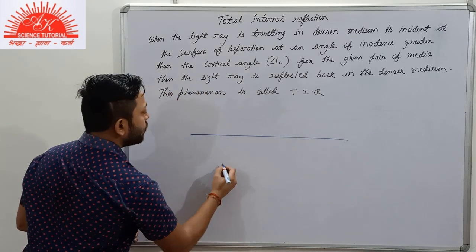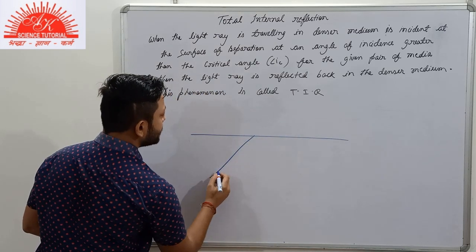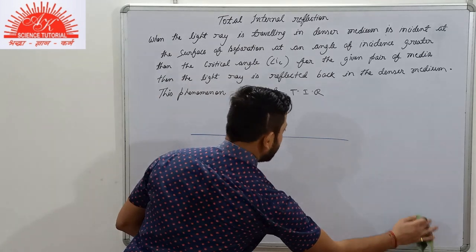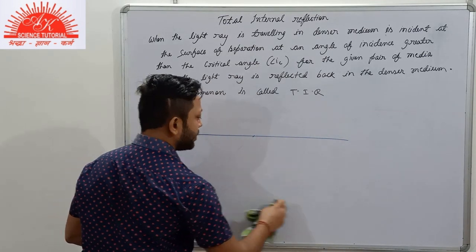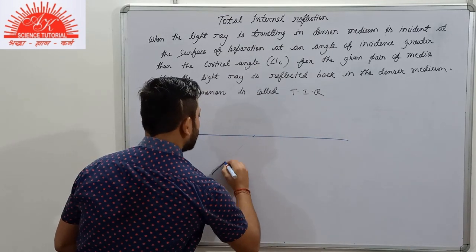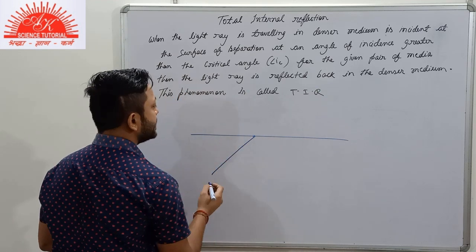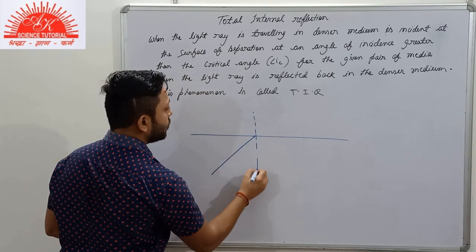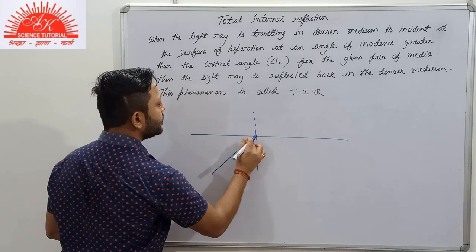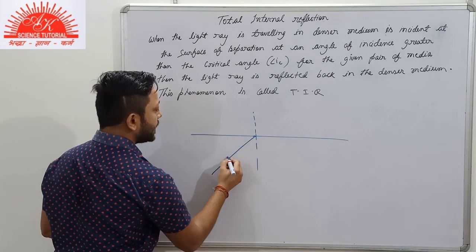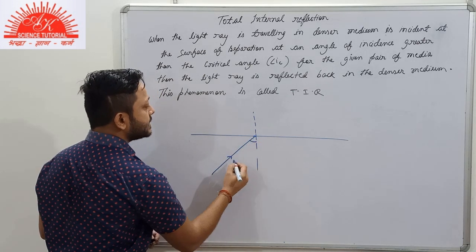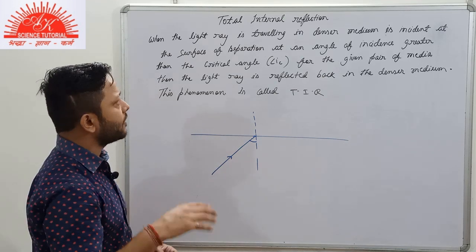What is it? When a light ray travels in a denser medium and makes an angle of incidence greater than the critical angle, this is our normal. I'll read it for you.